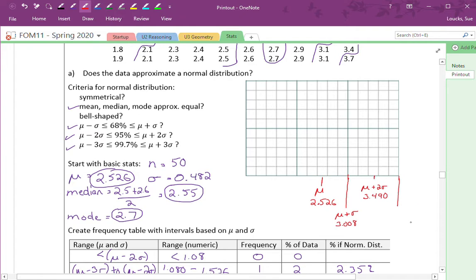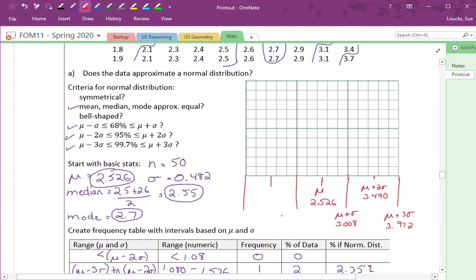And this one is mu plus 3 sigma, which is 3.972. And then going backwards, I have one here, and one here, and one here. So this is mu.